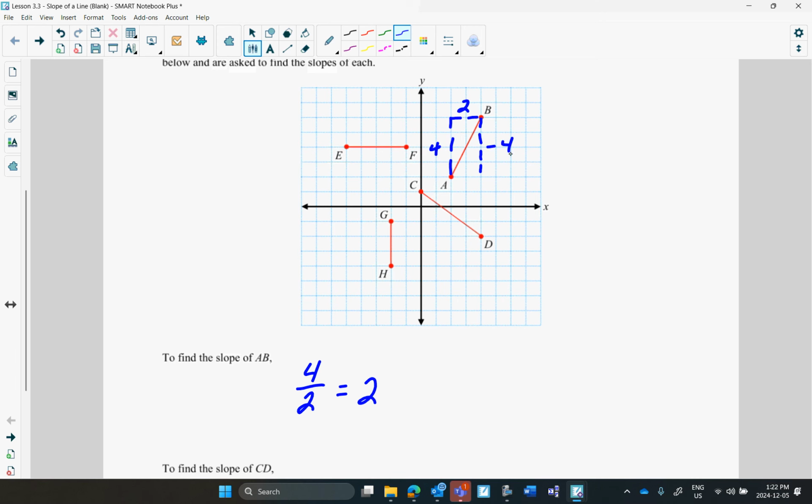How much do I move horizontally? 2, but because it's to the left, it's -2. So the rise is -4 divided by -2, which is also 2. It'll never be different. So you decide which one you want to start at and which one you want to move to. You're still going to get the same answer.